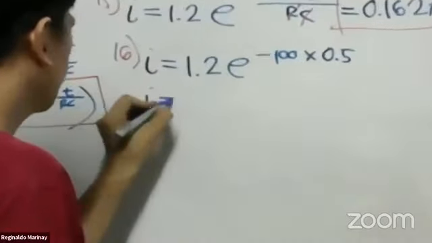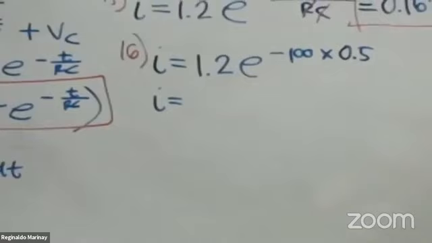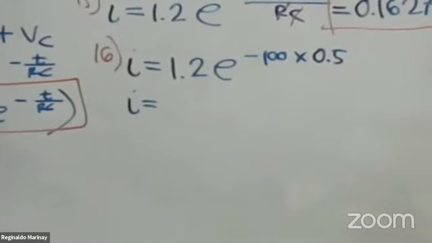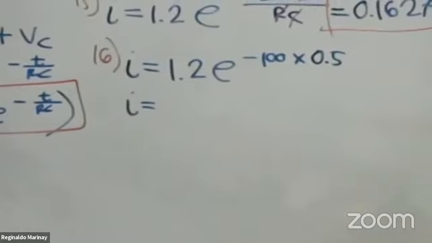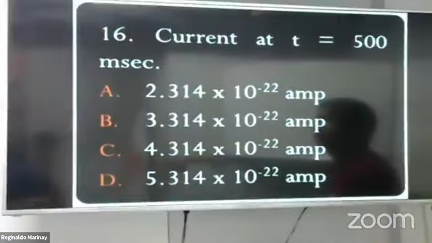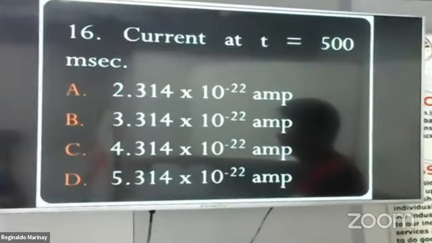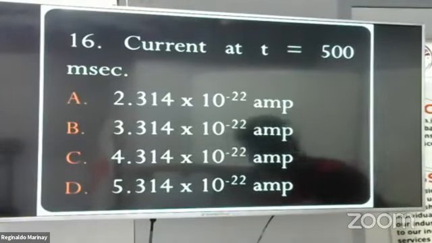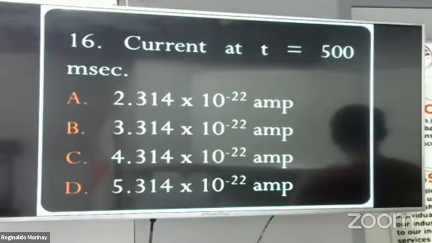What will be our current I? Please calculate for number 16. So our answer here will be, take a look here in our choices, letter A. I will write down the value. Please verify in your calculator, guys.